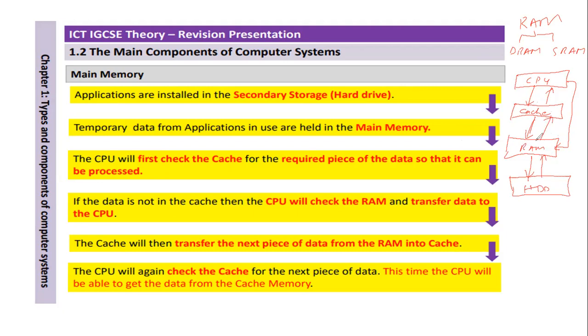This time the CPU will be able to get the data from the cache. So if an instruction has been transferred from RAM to cache, the CPU can access that instruction from the cache. Now remember, cache is faster than RAM, 10 times faster than RAM.